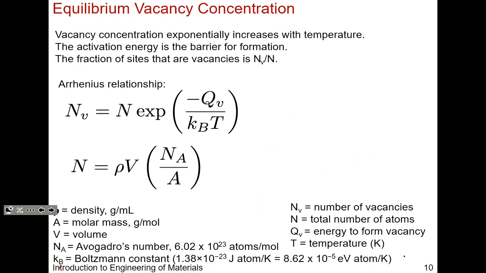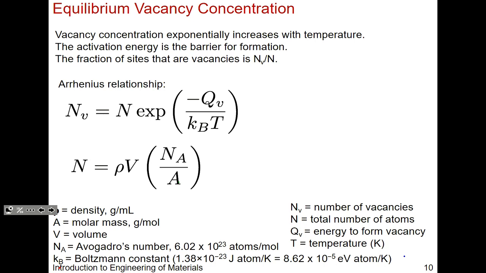Okay. Well, how many of these vacancies do you have, or can you form at a certain temperature? Well, you can predict this by knowing how much energy it's going to take to take one atom out, or n atoms out, right? So we can talk about the vacancy concentration at different temperatures.